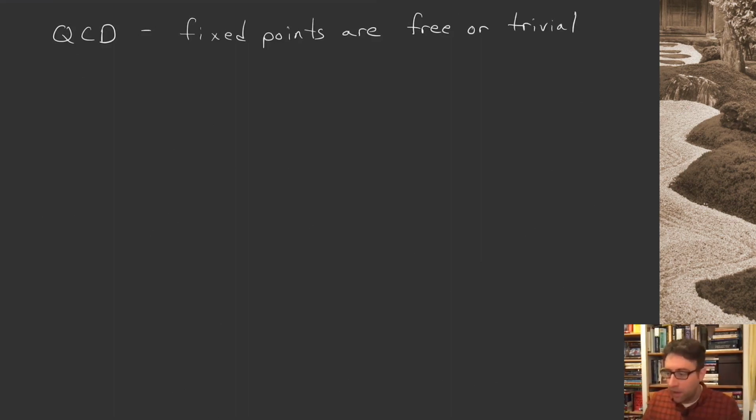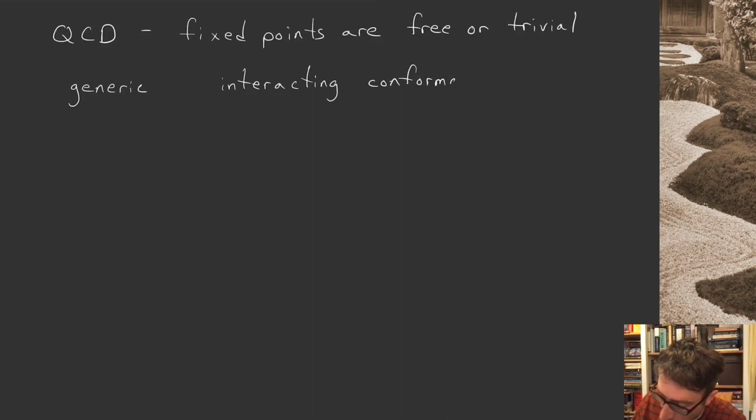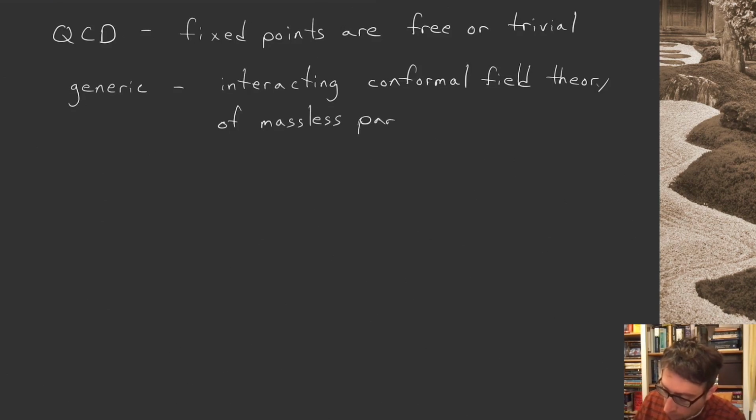That's not the generic behavior. The generic behavior in QFT allows for more interesting kinds of behavior. You might find an interacting conformal field theory with lots of massless particles. If the particles are massless, then in this low energy limit, you still have enough energy to produce them, and there's no reason why they can't continue to interact.